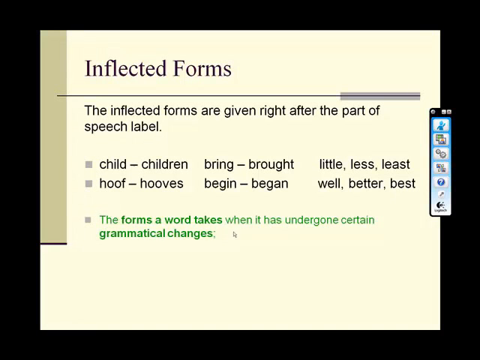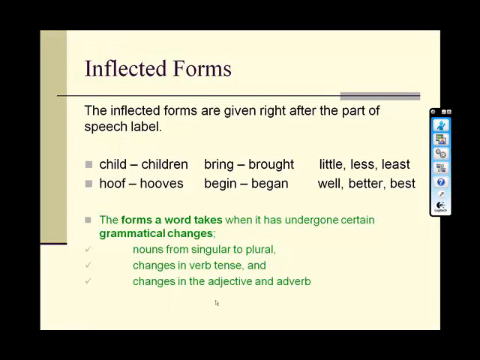The forms a word takes when it has undergone certain grammatical changes are in the dictionary. Nouns from singular to plural, just like they are here. Changes in verb tense, just like you have here. And changes in the adjective and adverb.